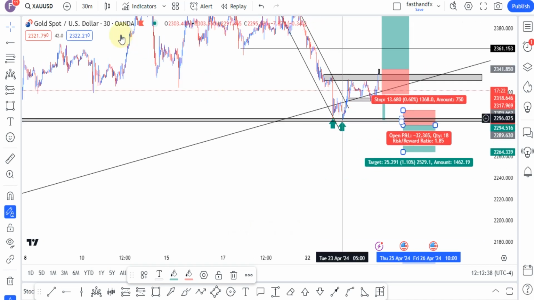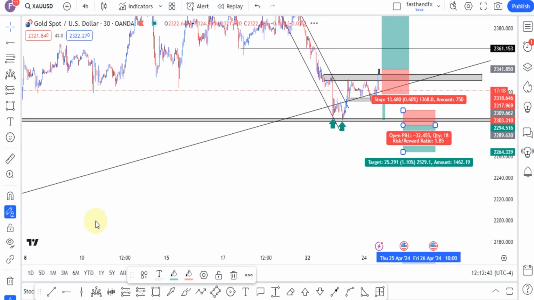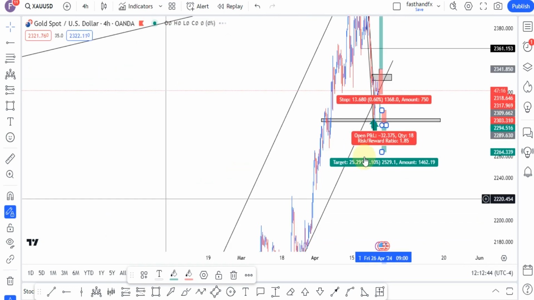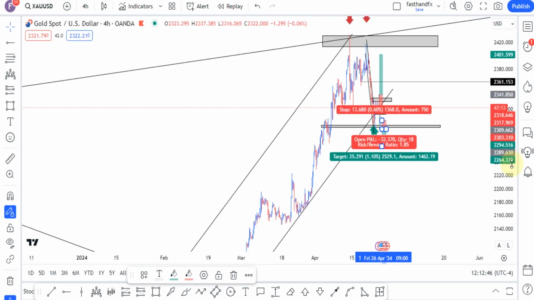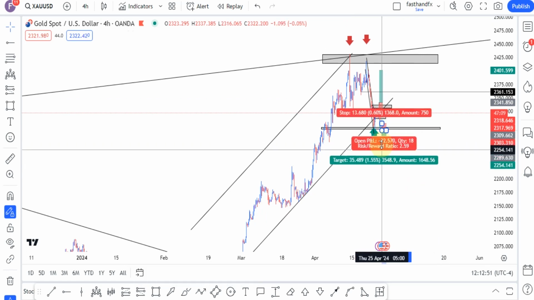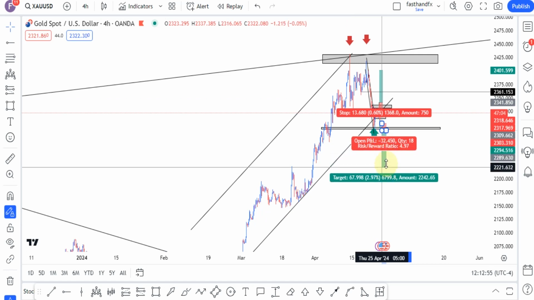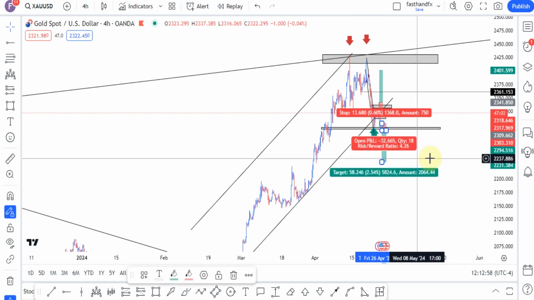Let's see where we can have our take profit one if the market does break below that area. We'll have our take profit one at this point. The next one will be down here at this point.